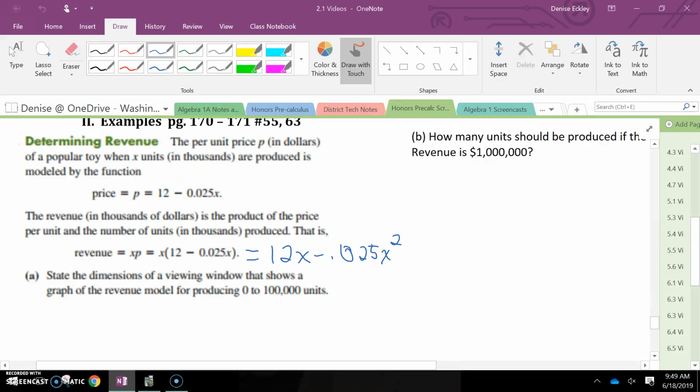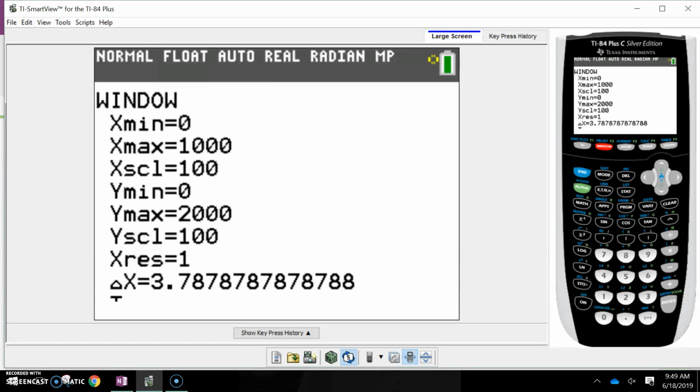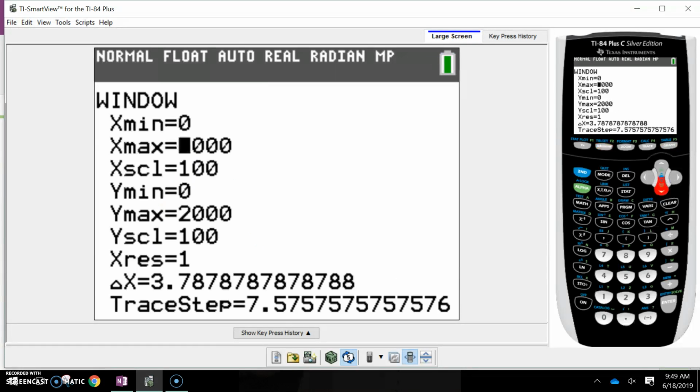So state the dimensions of the viewing window. For the X, I'm going to go from 0 to 1,000. And then the Y, I'm going to go from 0 to 2,000. Now if I wanted, I could change the window a little. Like I could change the X scale to only go by 100s, and then change this by 10.